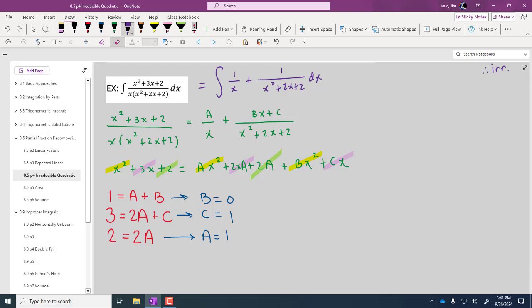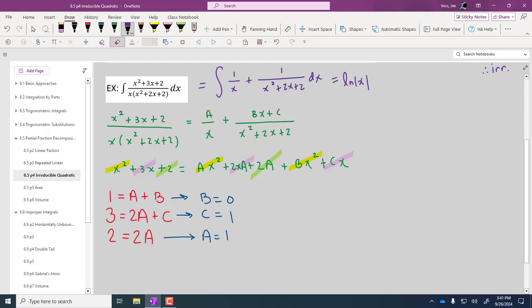All right, so now we have an irreducible quadratic in that denominator. The only way we have to deal with that irreducible quadratic is what we did at the beginning of class. First two problems, completing the square. So this is going to integrate to natural log absolute x.